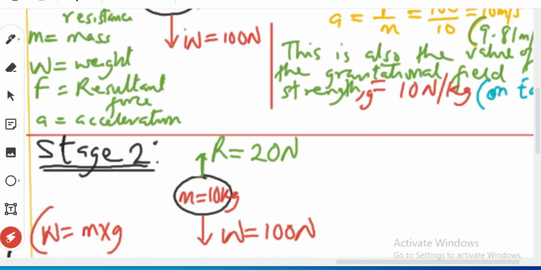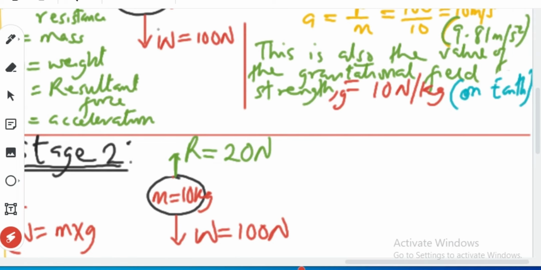Again, why did the air resistance increase? Speed has increased, so air resistance has increased. Now let's find the new resultant force. F is equal to what?